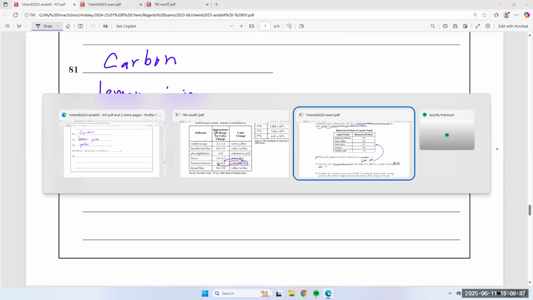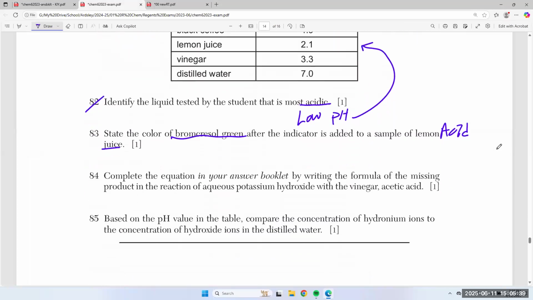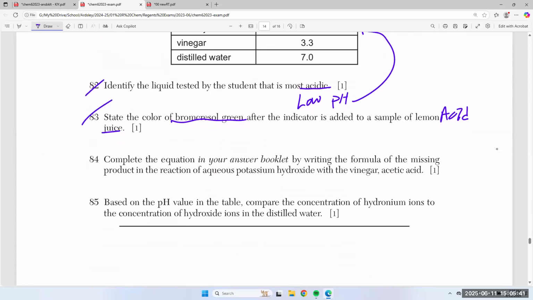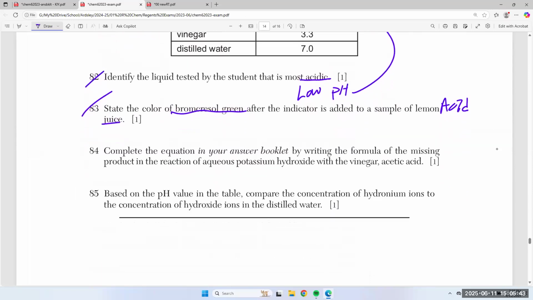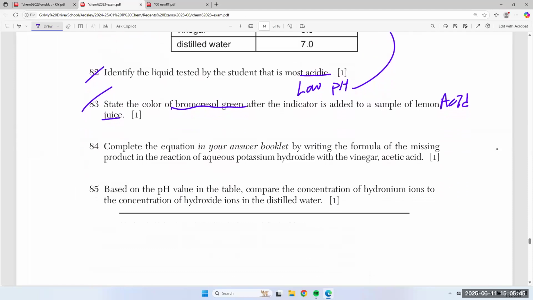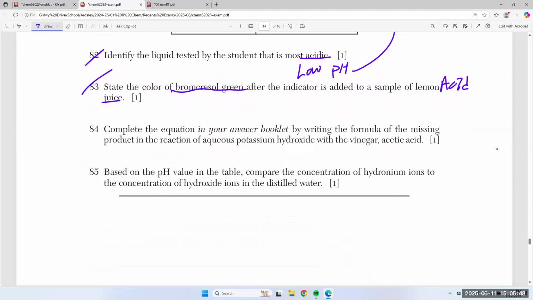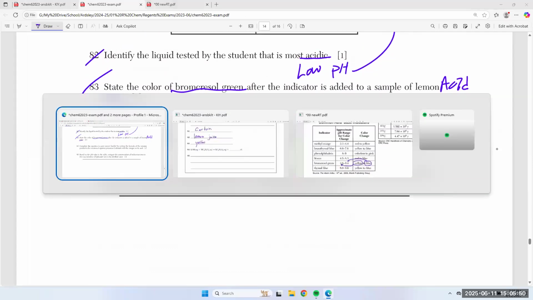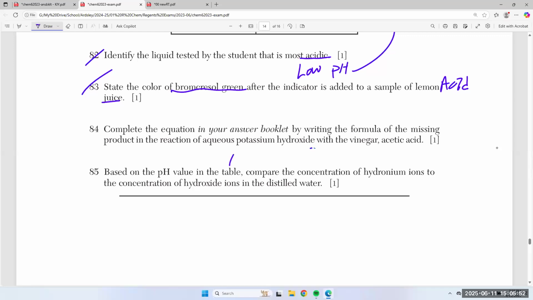All right, let's go. Number 84, complete the equation in your answer booklet by writing the formula of the missing product of the reaction of aqueous potassium hydroxide with vinegar, acetic acid. Well, first of all, even before we go there, what's this? This is a base, KOH, and that's an acid.